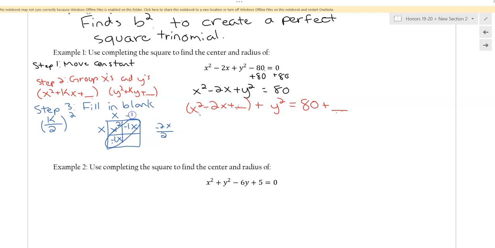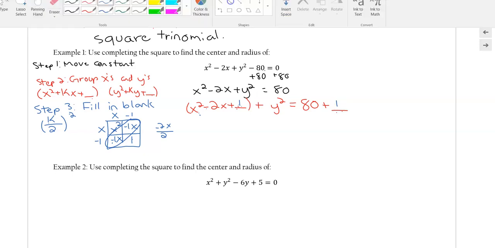And then that goes on the outside. And now I'm just figuring out what's in here by multiplying. Negative 1 times negative 1 is positive 1. That's the squaring it step. So do you have to create this box every time? No. As you're starting, it's a really good visual to see where these numbers are coming from. Alright, so I have to put that blank in both spots.